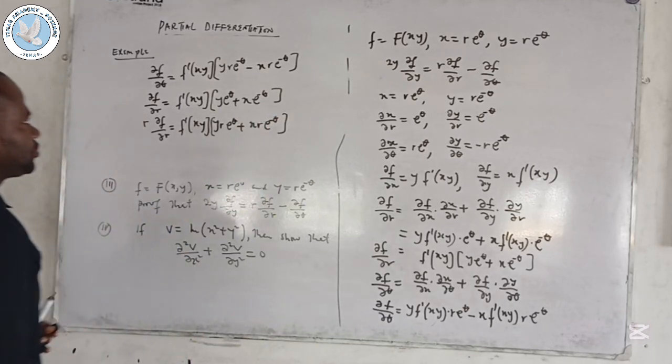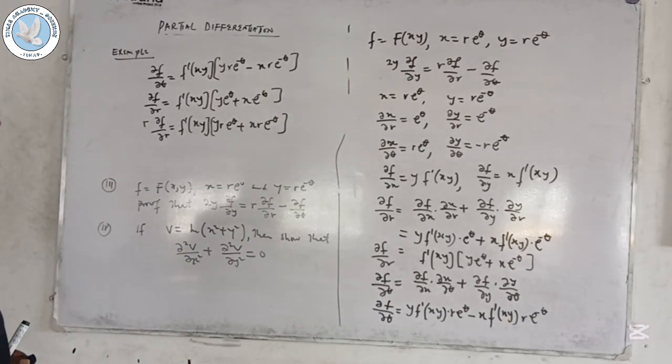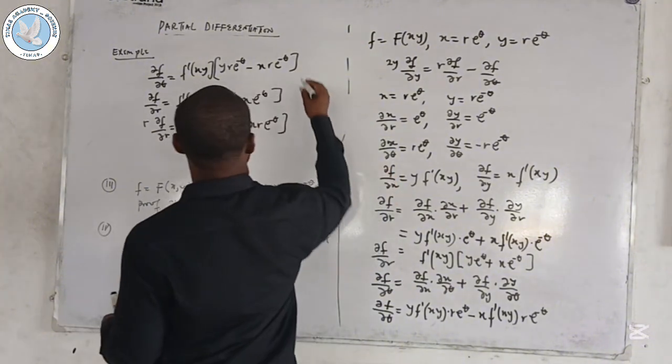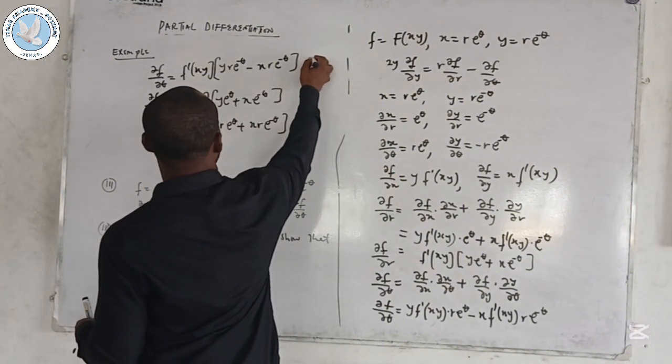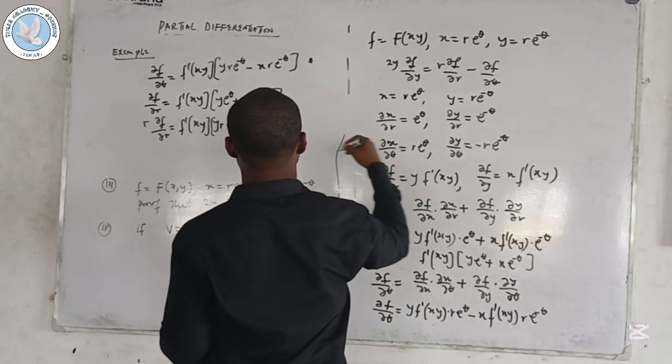We have that. So in this case we have gotten this, we've gotten this, and we've gotten this.